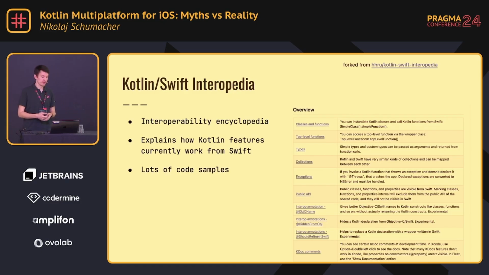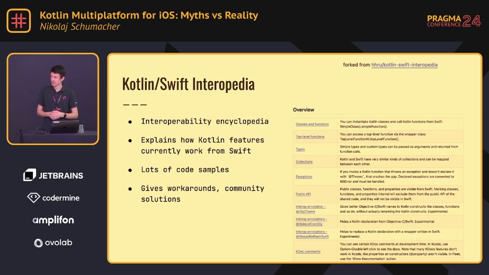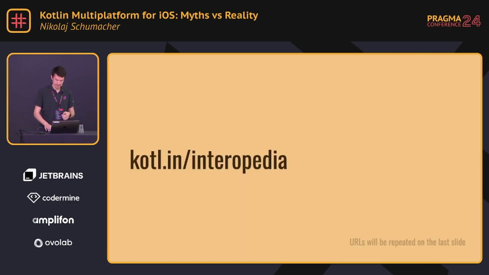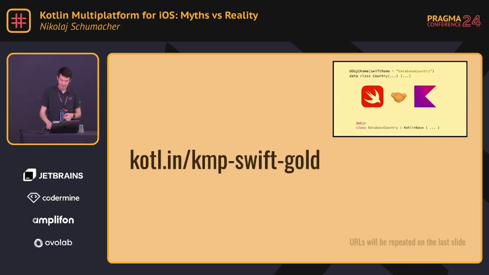It has lots of code examples, gives workarounds in cases where there are problems, and it has some nice demo code you can try out. This is where you can take a look. Again, this will be repeated at the end. There's also a great talk specifically about interoperation between Kotlin and Swift from KotlinConf. It's quite a short talk, so you can check that out as well.